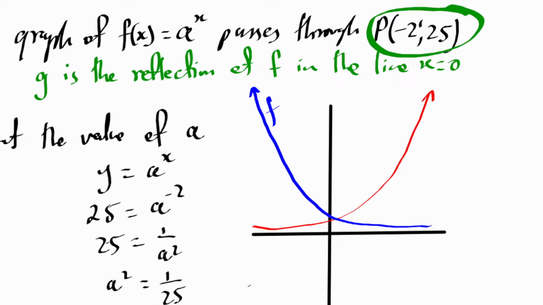One reason you're going to take a positive a value of 1 over 5 instead of a negative value is the fact that the base is never negative. What can be negative is a multiplier, a number that goes in front of the base. Remember, sometimes you have the exponential k times a to the x.